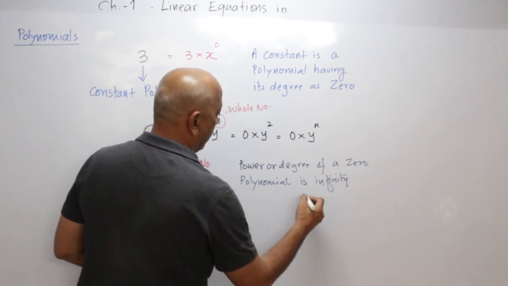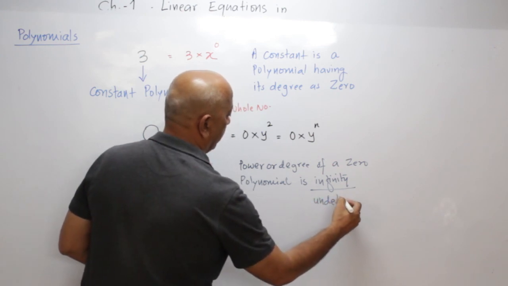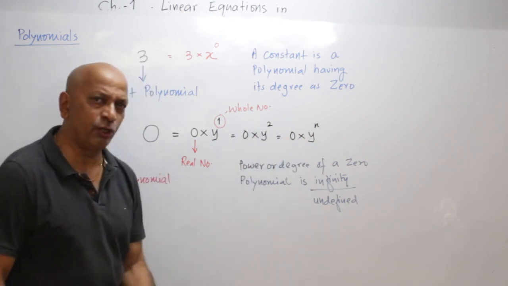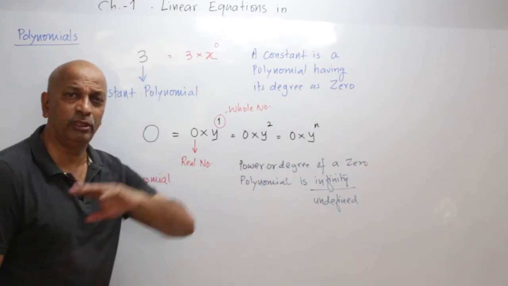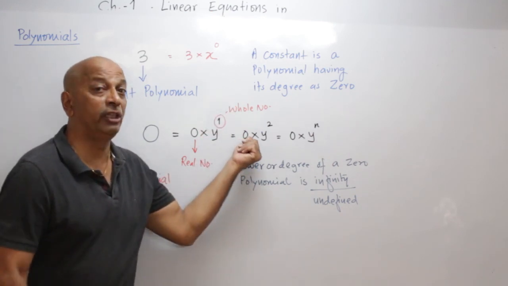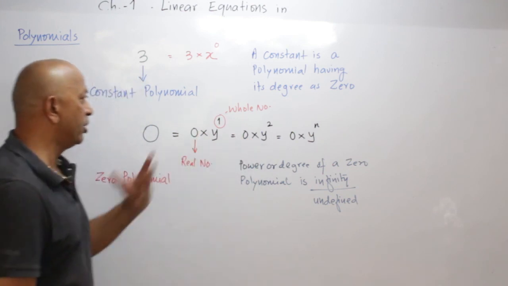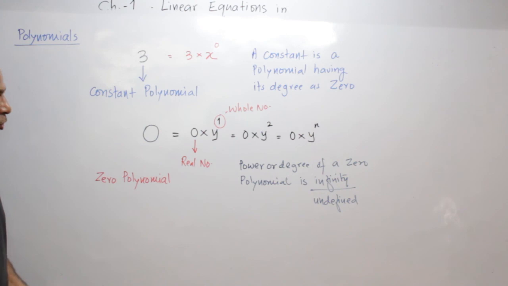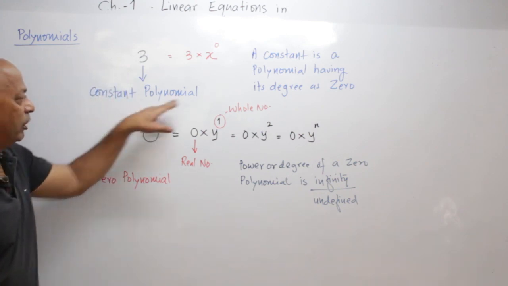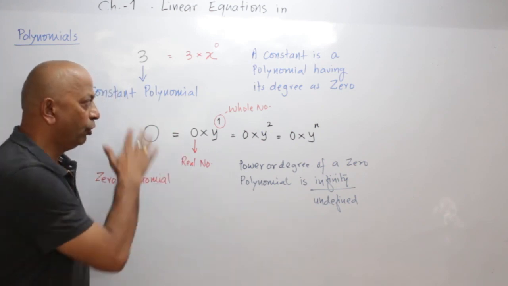Or I can say is undefined. म्हणजे काय? हे कोणती असू शकते, आपण डिफाइन करू शकत नाही. It can be infinite, it can be 1000, 10,000, 1 crore, anything. But since it's multiplied by a constant which is 0, we get the answer 0. So this is called as a zero polynomial. So I think you have learned now about polynomial, constant polynomial, zero polynomial. वीडियो पॉज करो, उतारो.